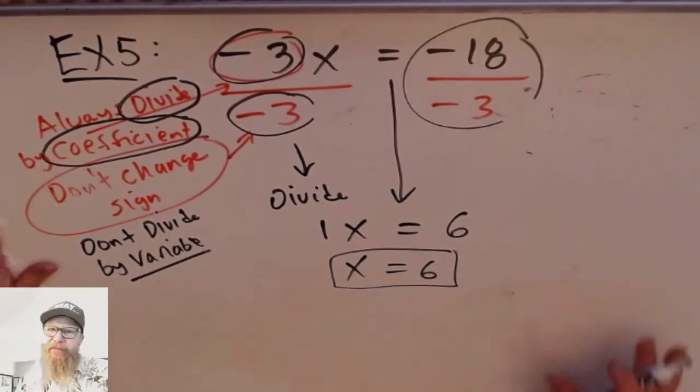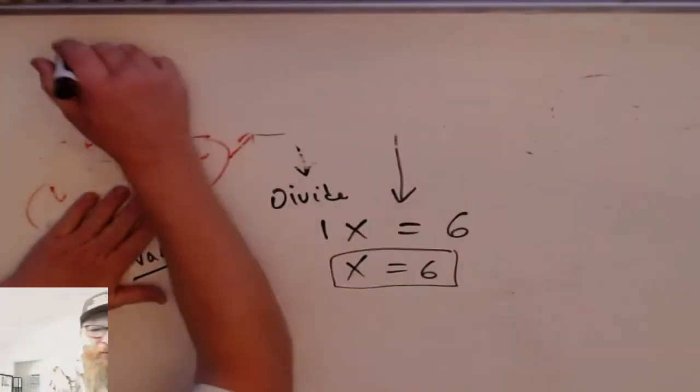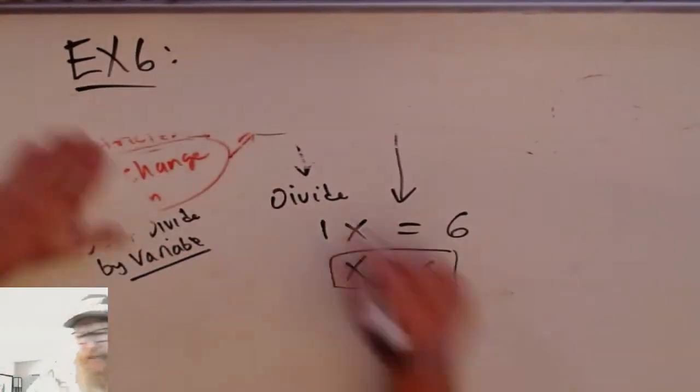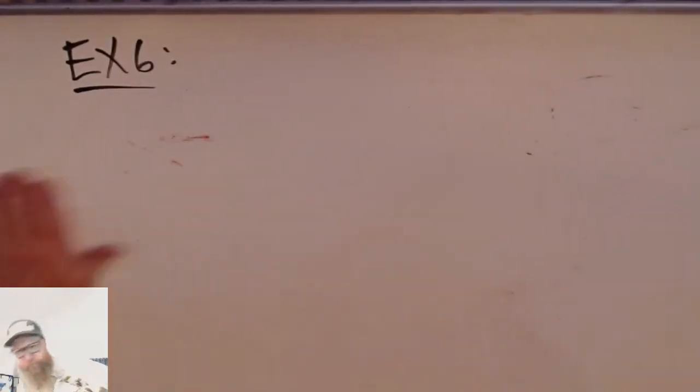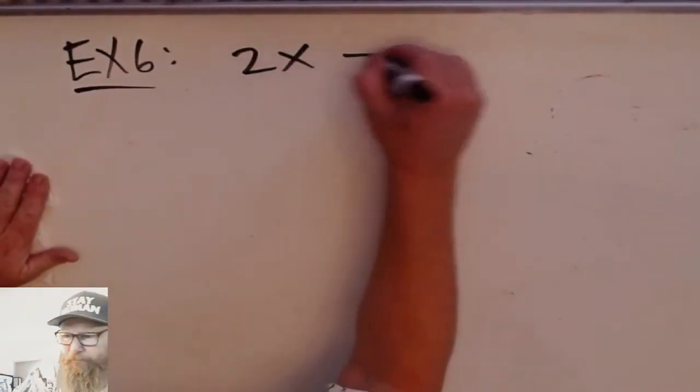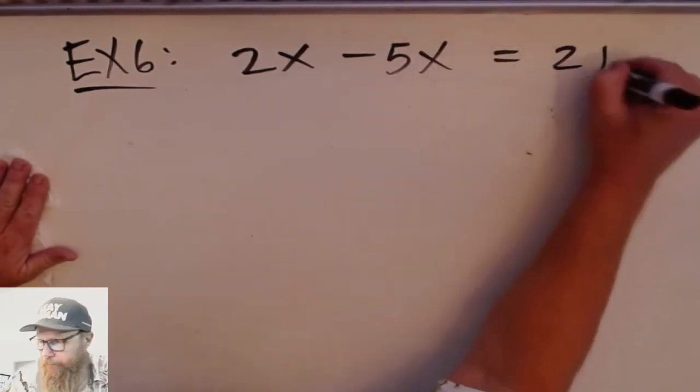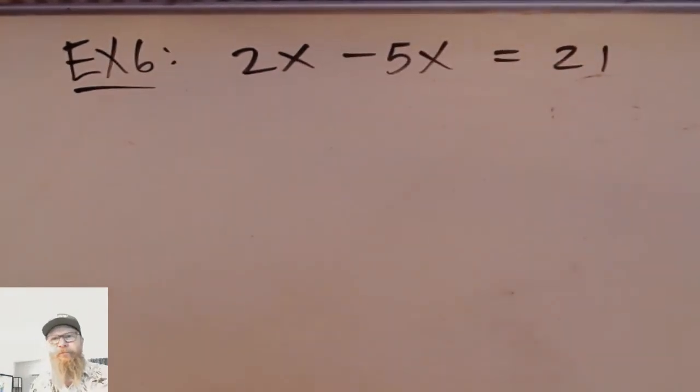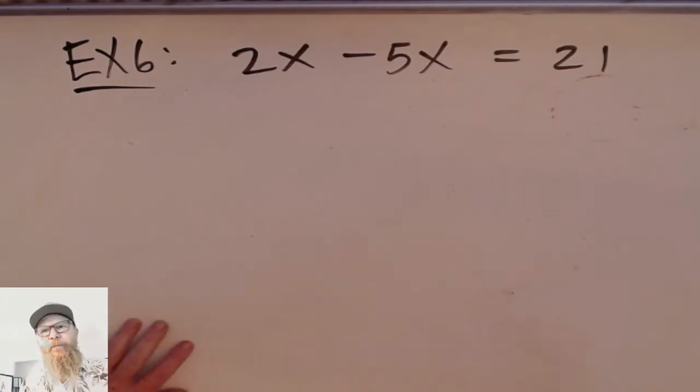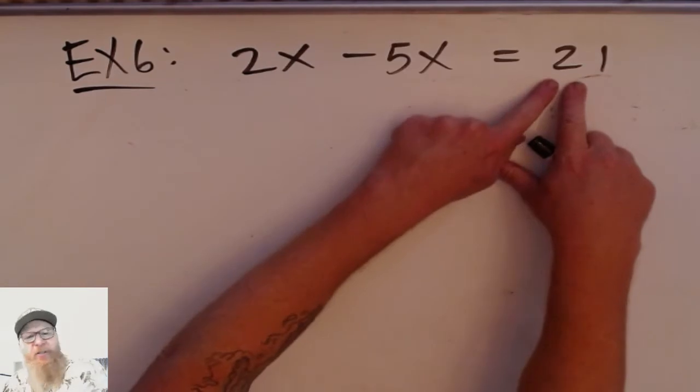Okay, we're ready to dive into the deep end now that we have the principles. Example 6. All right, we got 2x minus 5x equals 21. There's nothing to do on the right side.